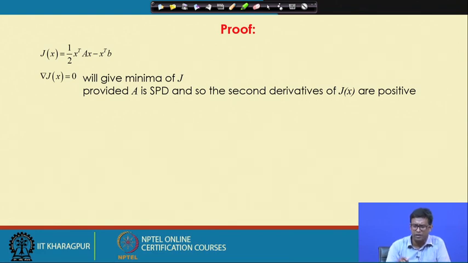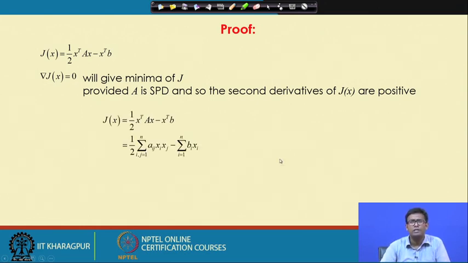So, if A is positive definite, the second derivative of J(x), that is nabla square J, will be positive, and we will see it later. So, if gradient of J is equal to 0 and A is a positive definite matrix, then this will indicate the minima of J(x).